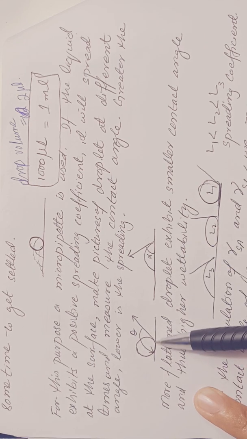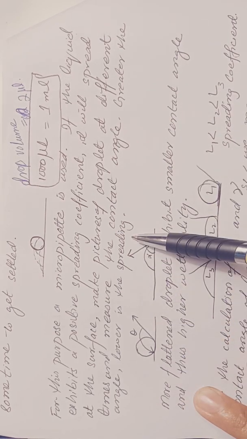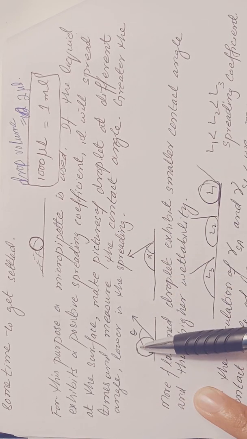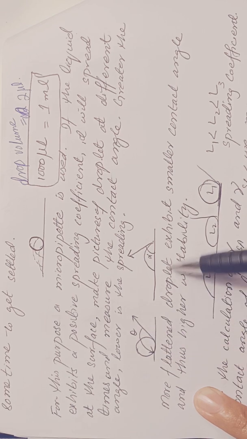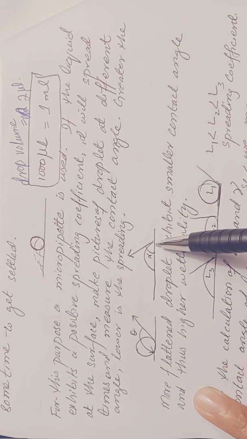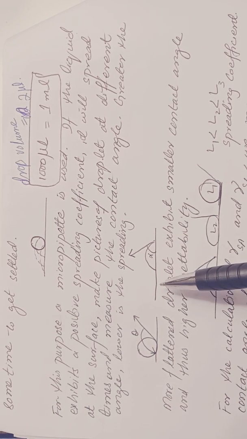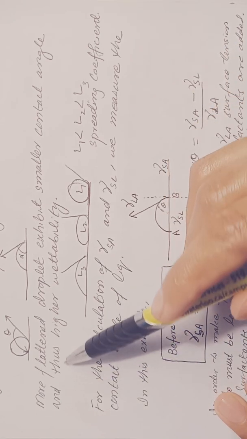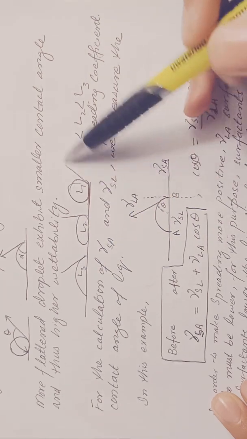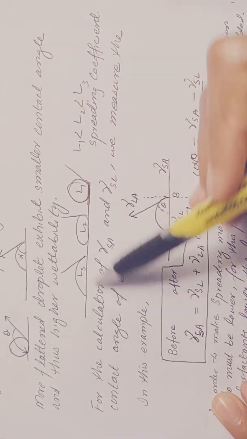We can see that the greater the angle, the lower the spreading. For this spherical droplet, the angle is higher compared to the angle made by this liquid drop. So a more flattened droplet exhibits a smaller contact angle and thus higher wettability.